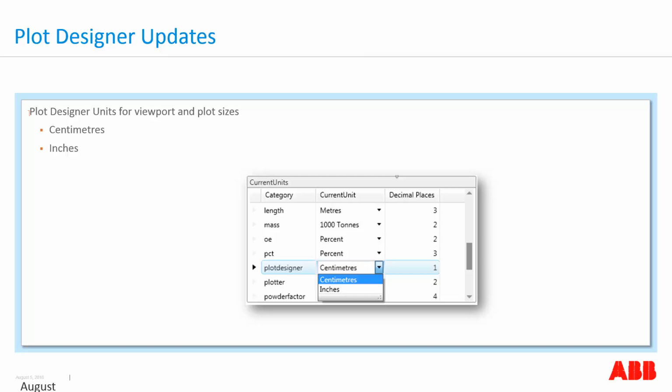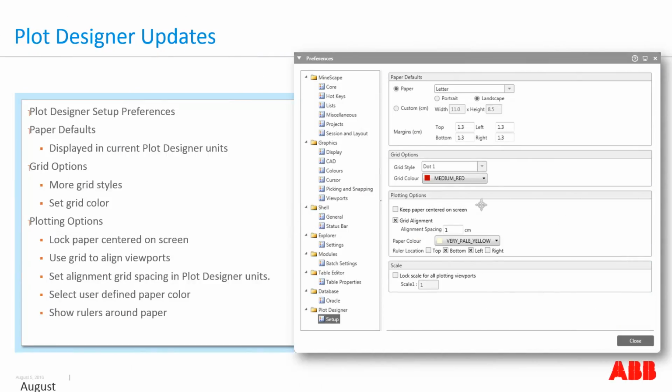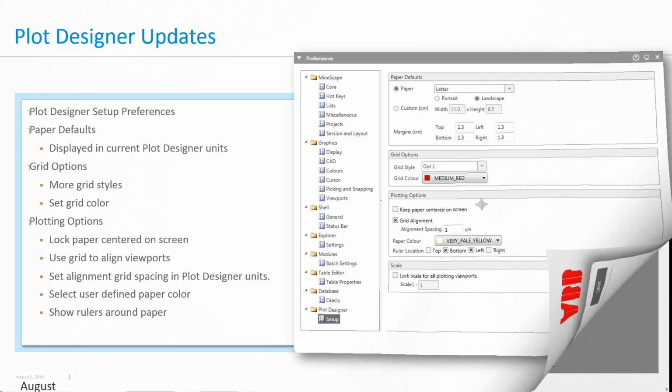That's Plot Designer unit, and you can choose either centimeters or inches. Plot Designer setup preferences are also enhanced and added to. You now have grid options and plotting options additional to what we had before, and I'll show you those in just a moment.